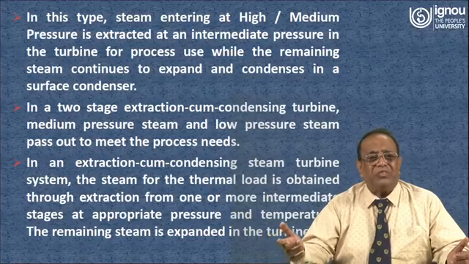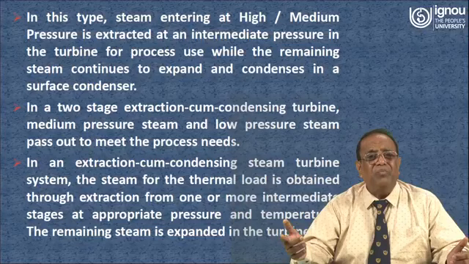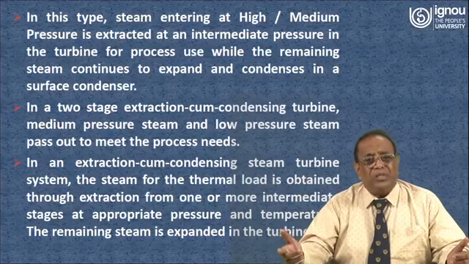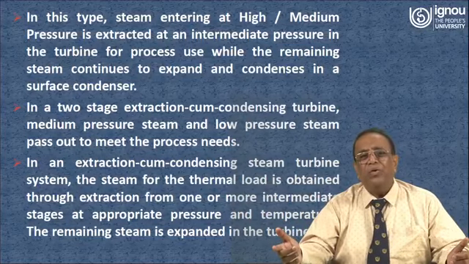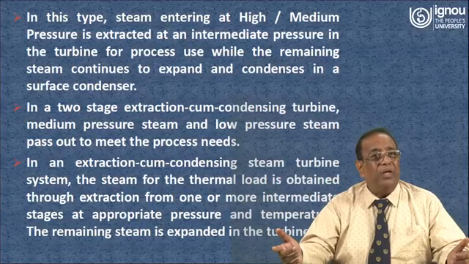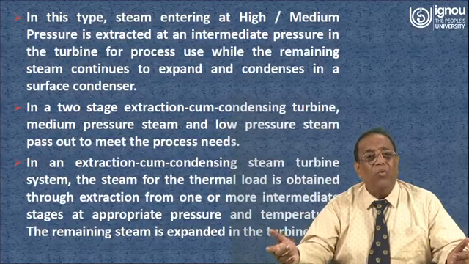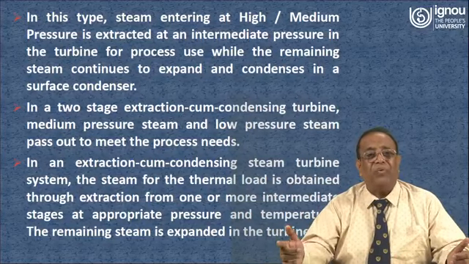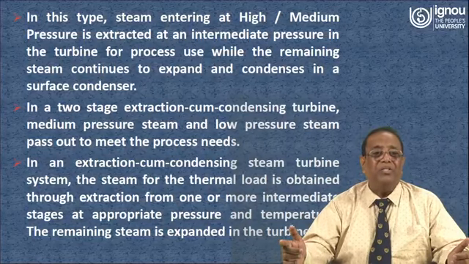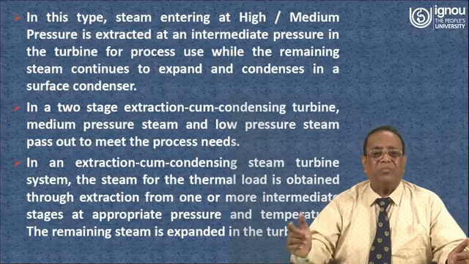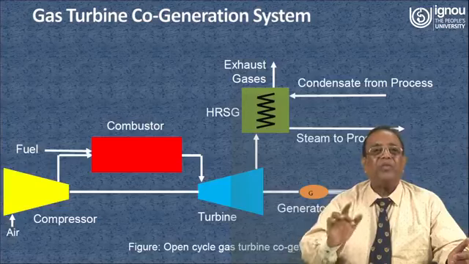In an extraction condensing steam turbine system, the steam for the thermal load is obtained through extraction from one or more intermediate stages at appropriate pressure and temperature. The remaining steam is expanded in the turbine.